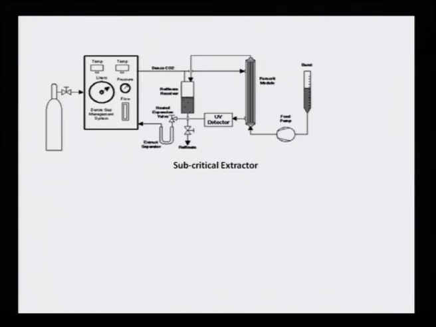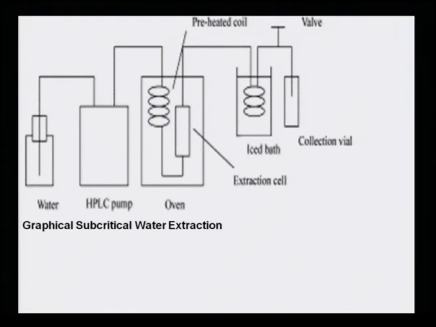There is a feed pump, then into the extractor there is a very specialized kind of arrangement where superheated water can be passed through the extractant. Normally water has a temperature of 100 degrees. Now we are talking about temperatures which are much above that.